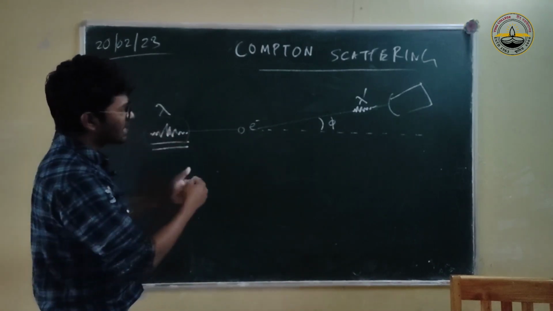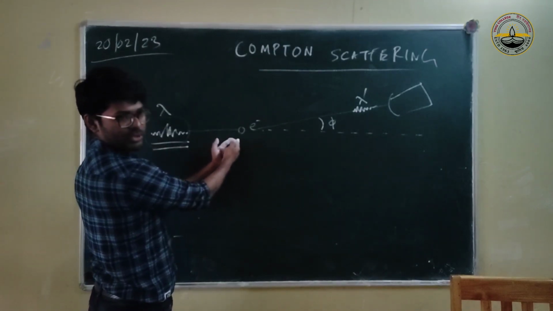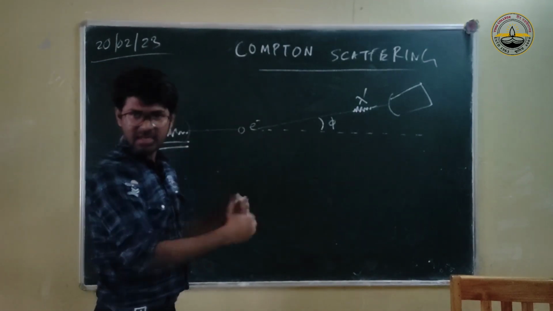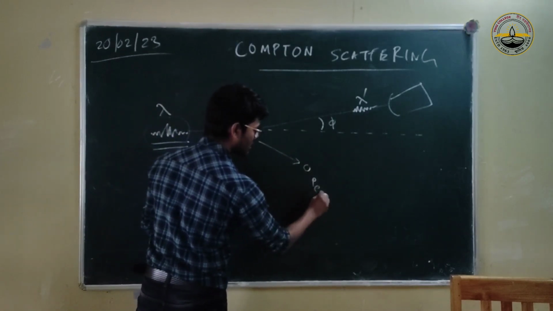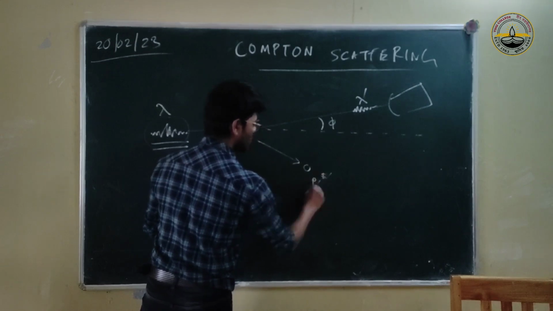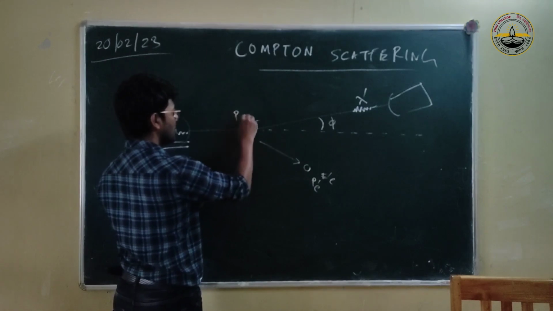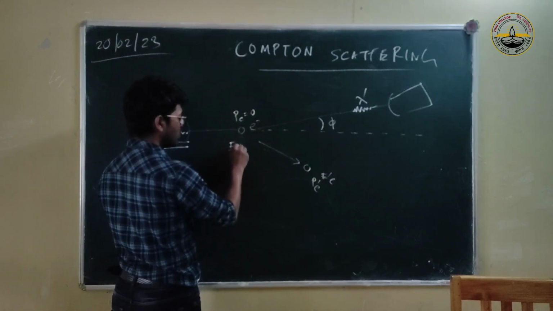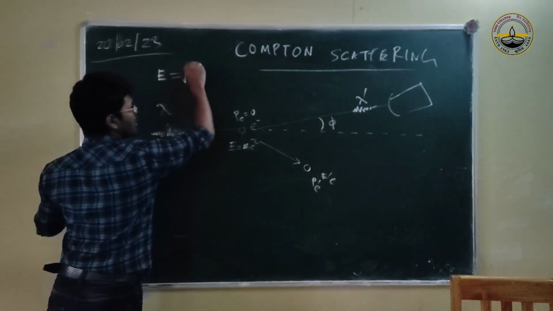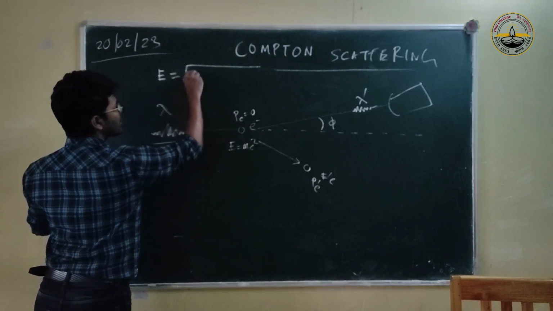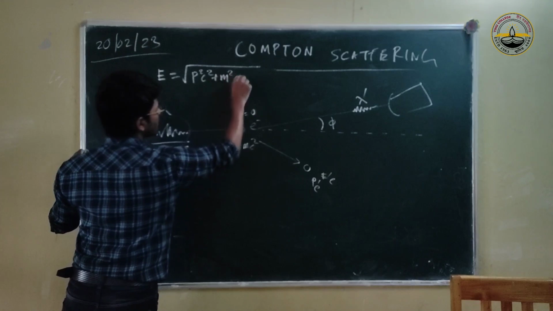And he said, let's imagine that this photon is like a particle. It is hitting this electron, and the electron gets kicked and it moves in this direction with some momentum now, Pe prime, and it has some energy, Ee prime. Initially, of course, it was at rest, so Pe was 0, Ee was just mc squared. Energy of a body is given by E squared equals P squared C squared plus m squared C to the power 4.